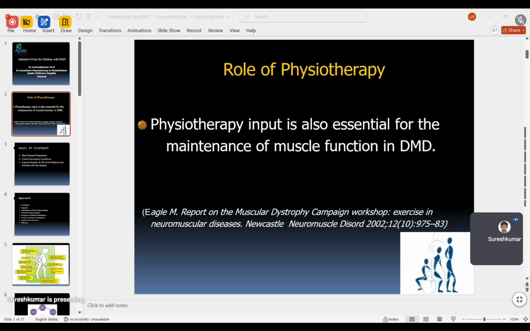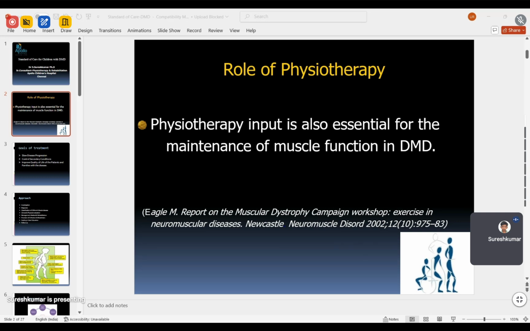In most of the centers, it is not advised to use spinal brace because of our temperature and the difficulty in being on spine brace throughout the day. So as I said, daytime orthosis to be avoided because that will compromise the function. Second is, as I said, to maintain the muscle properties: stretching, range of motion exercise, positioning, and splinting.